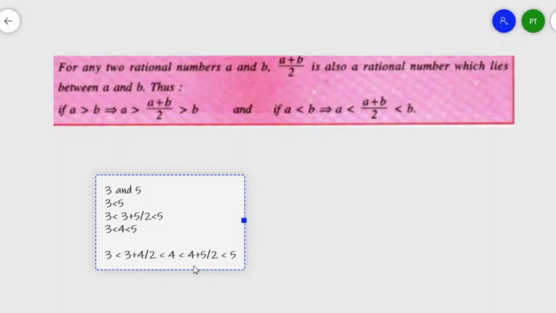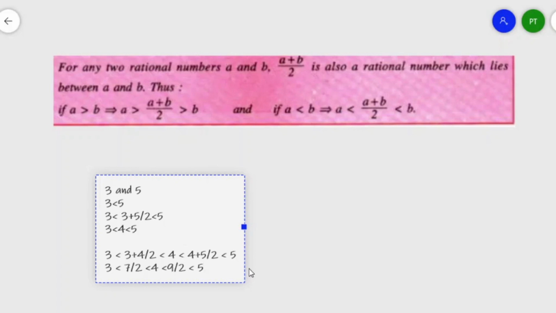So here when we solve it, we're going to get two rational numbers in between. Okay, so let's see. It's going to be 3 less than 3 plus 4 by 2. What is 3 plus 4 by 2? That gives you 7 by 2, which is again less than 4. Less than 4 plus 5 by 2 is 9 by 2. 9 by 2 less than 5.